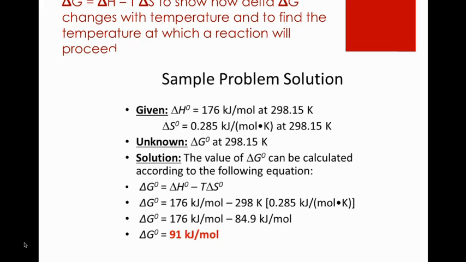The value of delta G can be calculated using delta G equals delta H minus T delta S. Now, given any three of the four, you should be able to calculate the missing value.